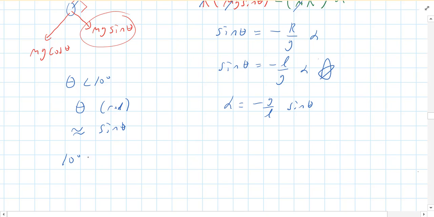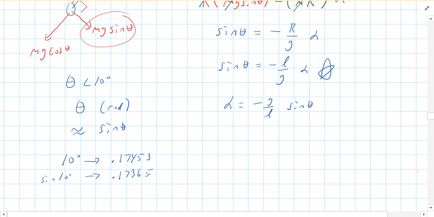If I convert 10 degrees to radians, so I take it times pi over 180, I get 0.17453. Now let's try sine of 10 degrees. In your calculator, try sine of 10 degrees, and you should get 0.17365 if I round there, okay?